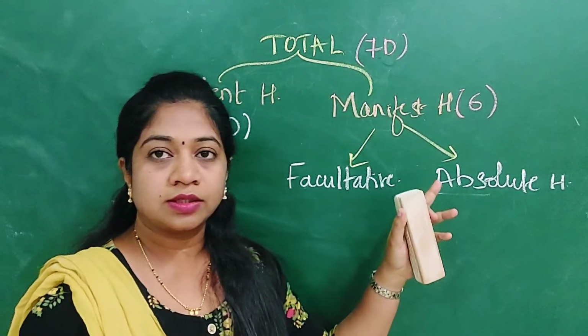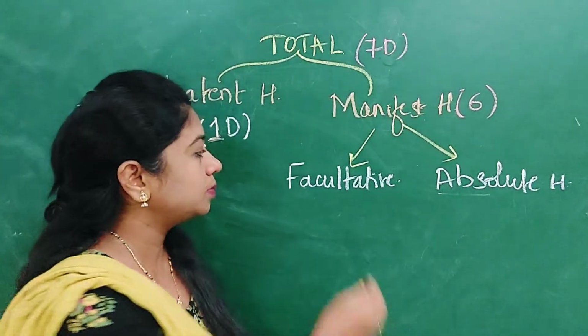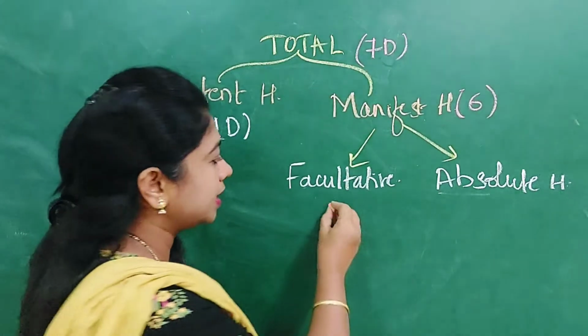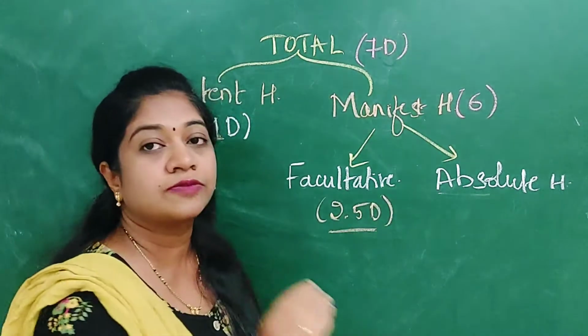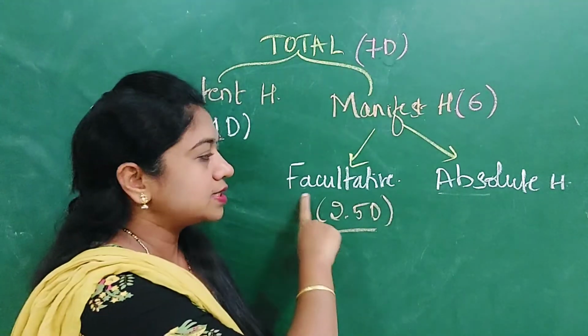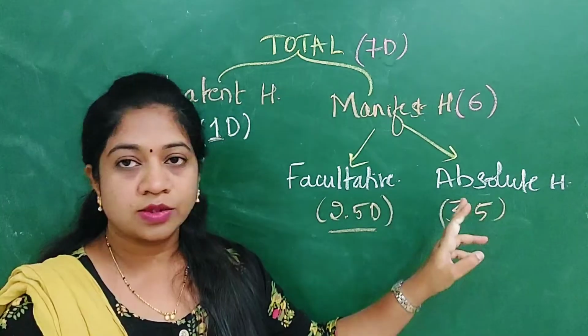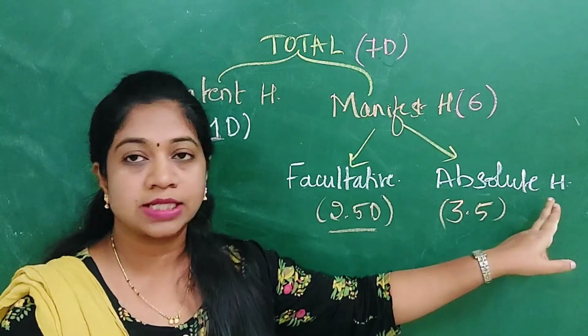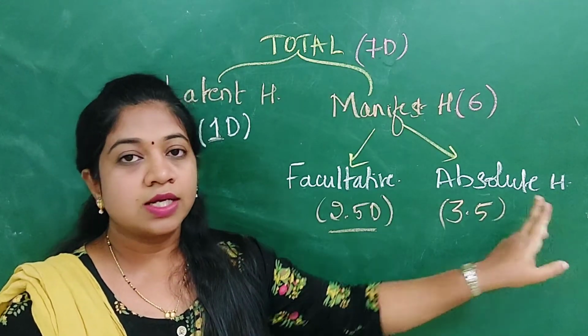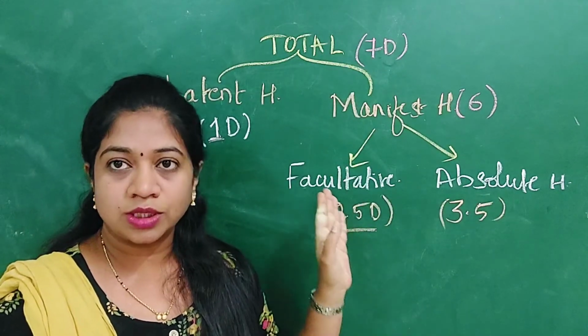So say 2.5 diopters of hypermetropia is overcome because of the accommodative efforts. That is facultative hypermetropia. So the child is manifesting 3.5 diopters of hypermetropia, that is called absolute hypermetropia. Okay, so hope you have understood this concept.